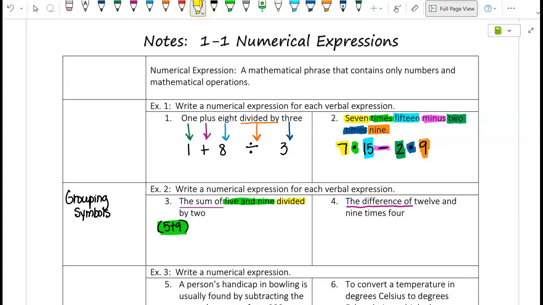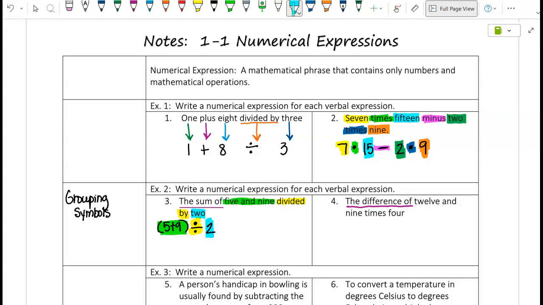And then I have divided by. So I am going to use my division symbol here, and then I'm going to rewrite it. We're going to say, how else can we write this same phrase without using that division symbol, and then by 2. Now again, as we get more advanced in our math, we aren't using that division symbol anymore.